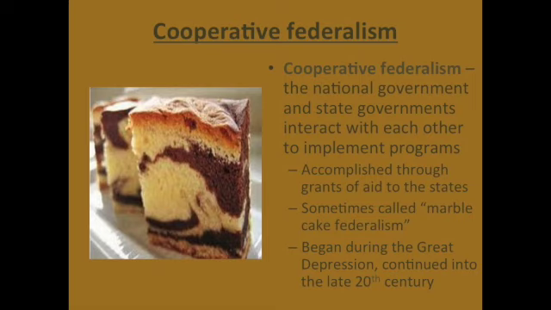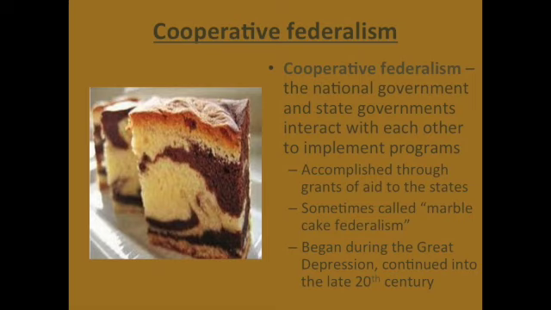This is usually accomplished through grants in aid given to the states, where the federal government gives money to states for a particular purpose, and the national government as a result can hold the states to certain conditions and force them to pass or adhere to certain laws.